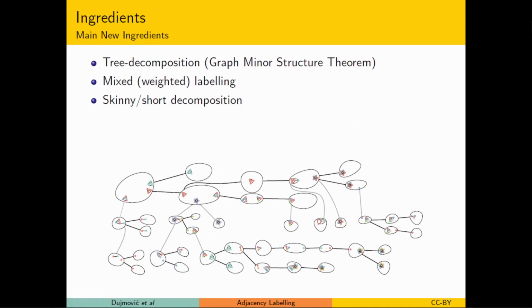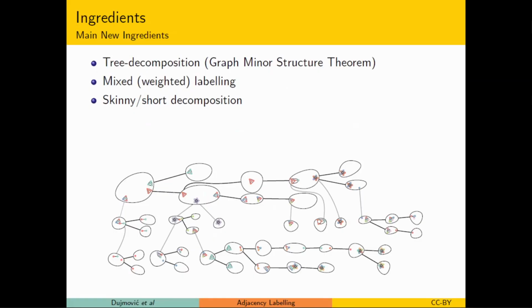We won't even look at the details of it at all. The thing you need to know is it tells you that if you have an H minor free graph, it has a tree decomposition whose bags are nicely behaved.